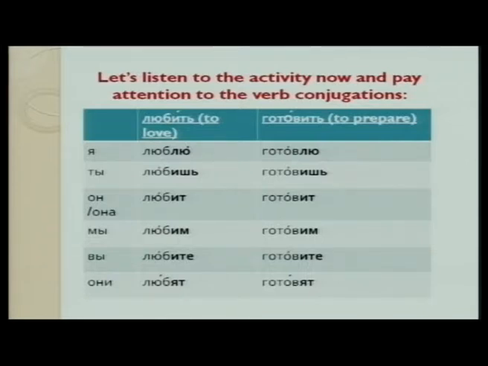Я люблю, ты любишь, он, она любит, мы любим, вы любите, and они любят. Готовить means to prepare. Я готовлю, ты готовишь, он, она готовит, мы готовим, вы готовите, and они готовят.